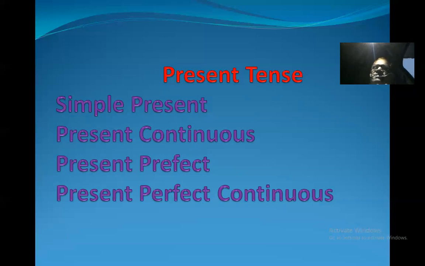Present perfect continuous tense is the tense which we use to denote an action which started before the time of speaking and is continuing at the time of speaking also. That's called present perfect continuous tense.